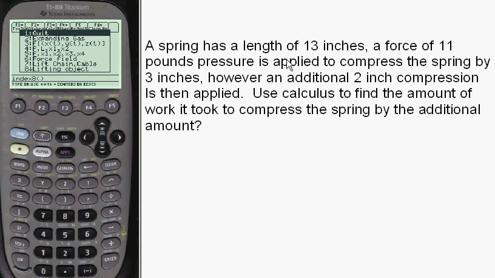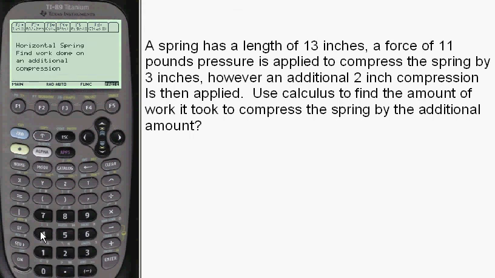So we look for that in the menu. Here's force and length and X1, X2, number 4. You can scroll to it with this, or you can press the number 4 here. So here's the Hooke's spring. Find the work done on additional compression, okay?